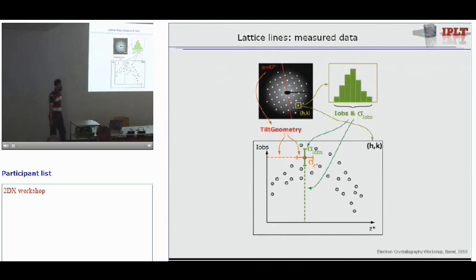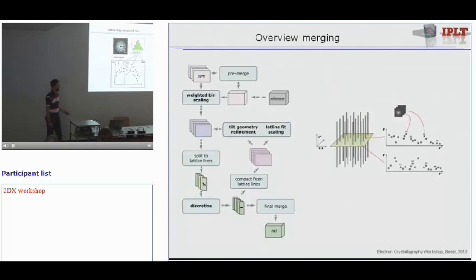So you will have a certain uncertainty in the intensity direction too. So basically here you don't know the exact position of spots in Y. That's very important to keep in mind, because that's what you use afterwards in refinement. By refining tilt geometry, you can basically move the spots from left to right, and by refining the scaling, or if you go a step back, by refining data extraction, you basically change in that direction.